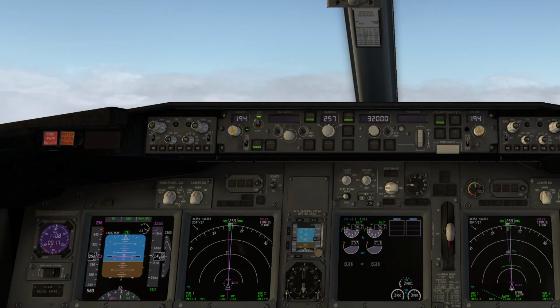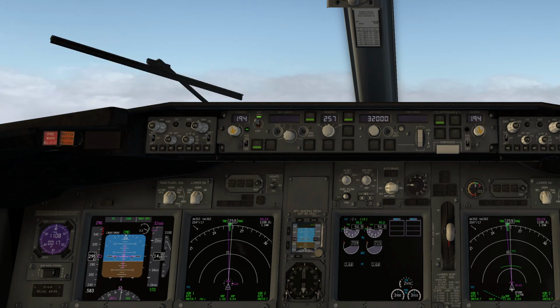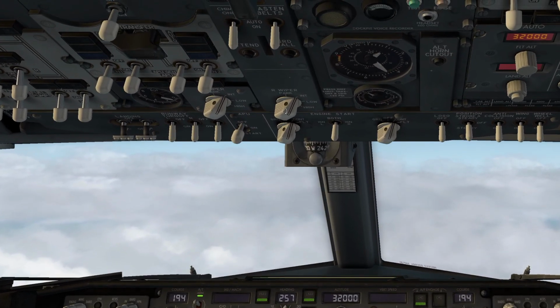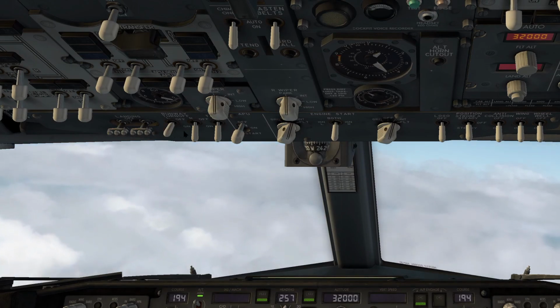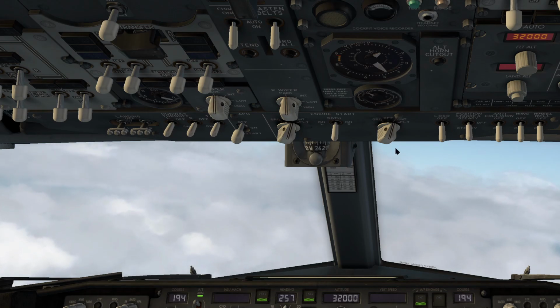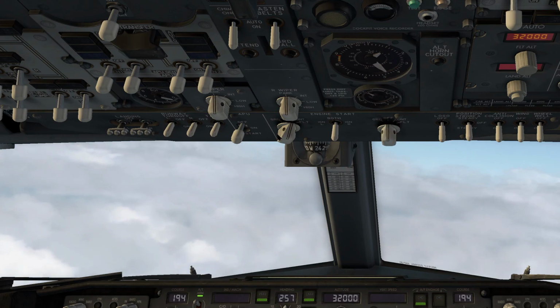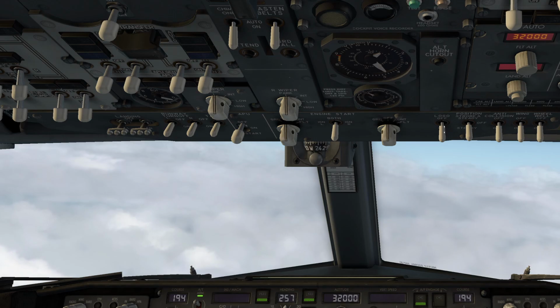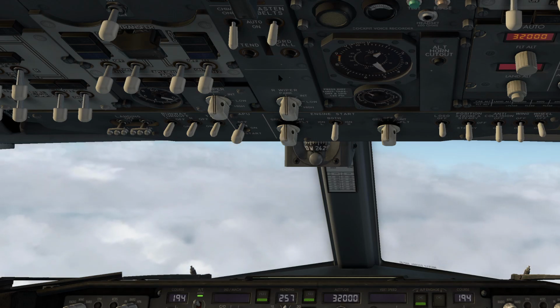And we are now passing flight level 145 for flight level 320. We can select wipers off, all lights off, start switches to off, and seatbelt signs auto.